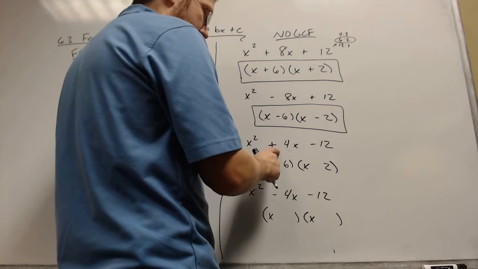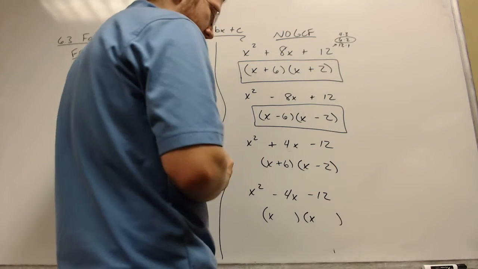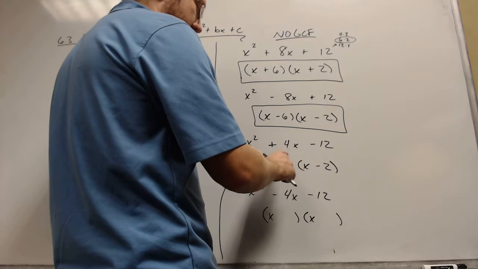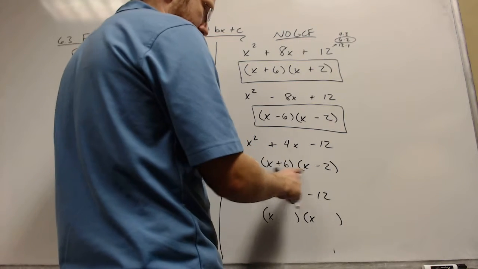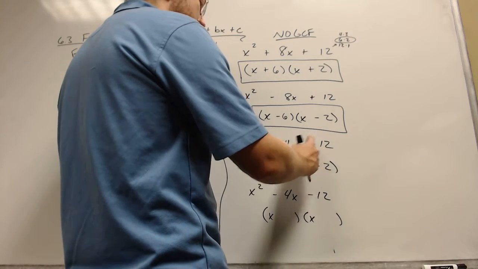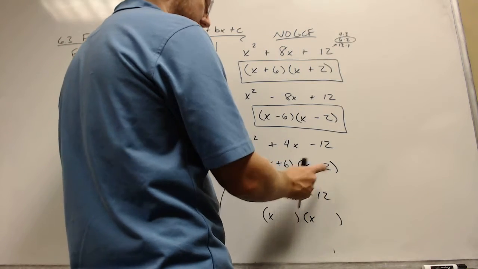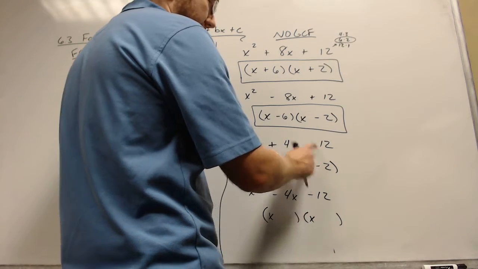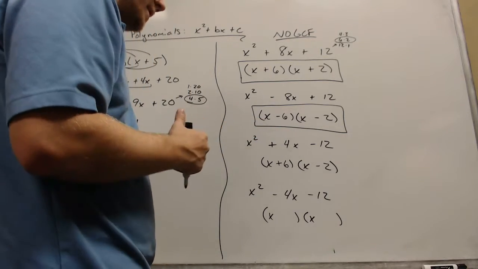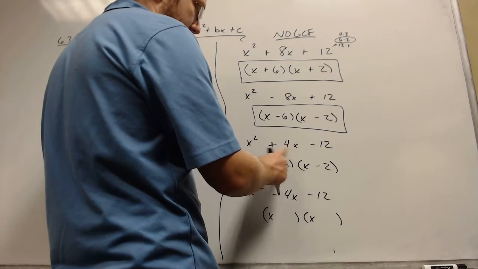So if I wanted positive 4, I would need more positives than negatives. 6 minus 2 is positive 4, so those are my positive 4x, and positive times negative will give me negative 12. So if this last term is negative, you know definitively that one of my signs has to be positive and one has to be negative, because I need to multiply to get a negative 12. So you can use that to your advantage, where you know one's positive and one's negative. You just have to put it correctly to make sure you end up with a positive 4x.